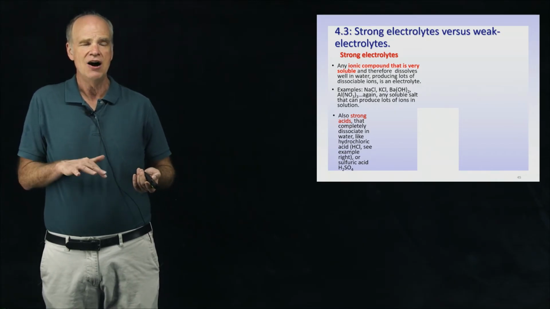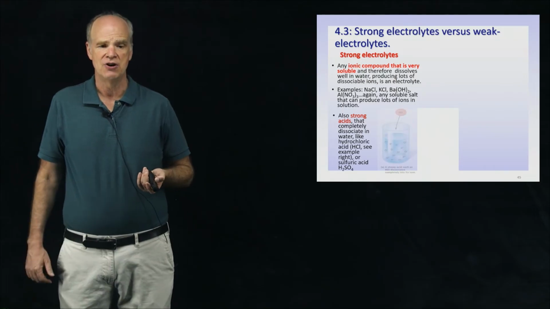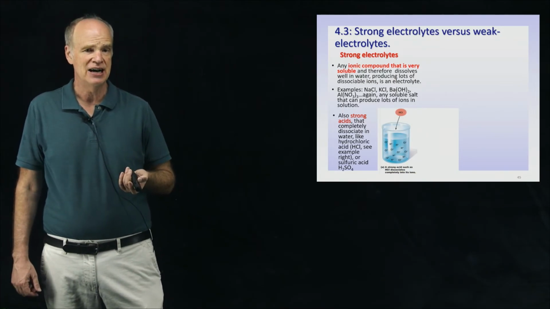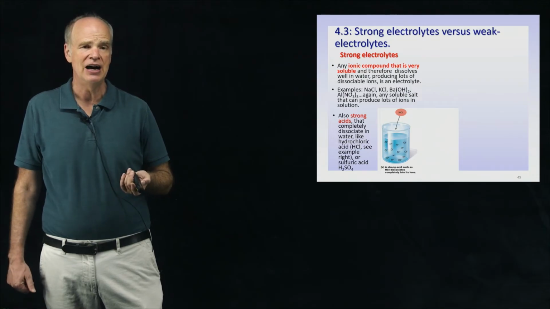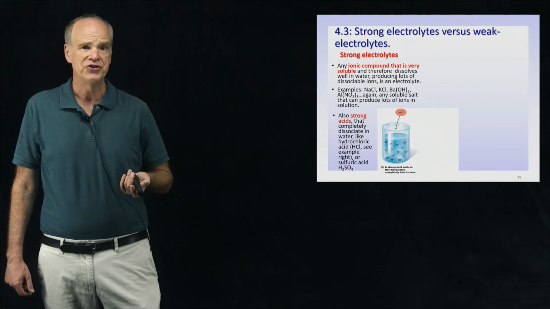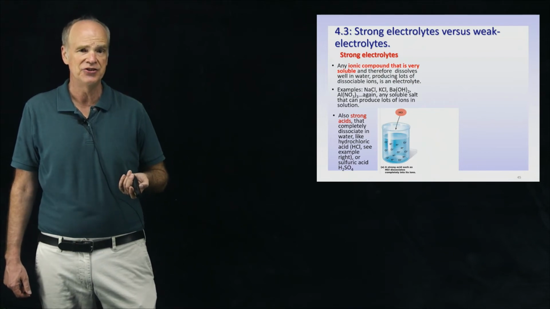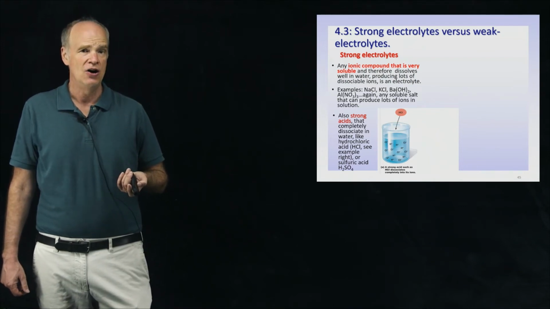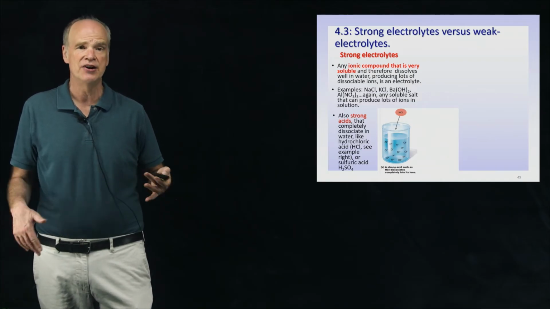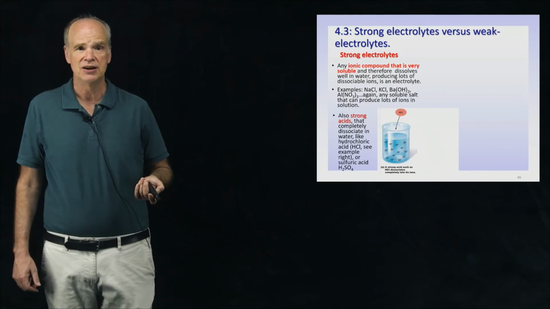Now, strong acids are also strong electrolytes. And the reason is, if you have a strong acid like hydrochloric acid, when you dissolve hydrochloric acid in water, all molecules dissociate into hydrogen ions and chloride ions. And so all molecules of HCl create all these ions that are mobile to allow the water to become conductive.